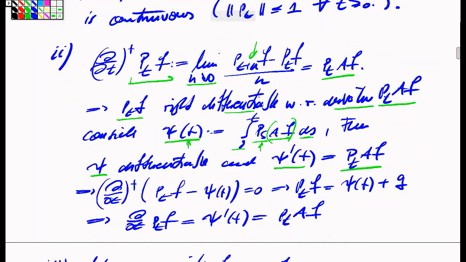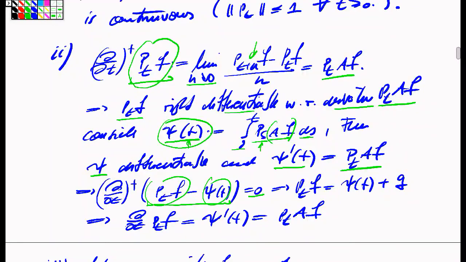Hence, if I compare my function, which I started with, and this psi t function, I can take the difference of these two functions and compute the right derivative. If I do so, I see that both right derivatives, of the initial Pt function and the psi function, coincide. So the difference has a zero right derivative.